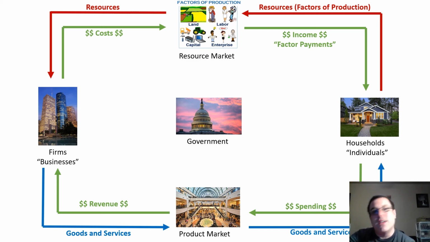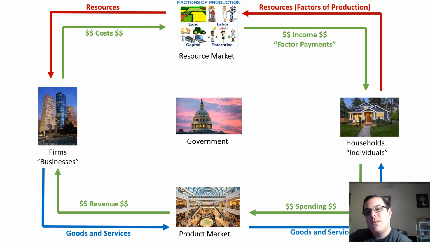No, that's slavery. They're going to pay them. So the business is going to pay people for their time. The firm will spend the money. That'll be a cost. And they're going to pay people to work for them in that resource market.